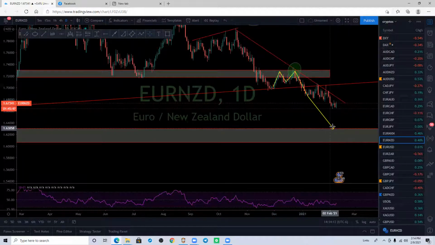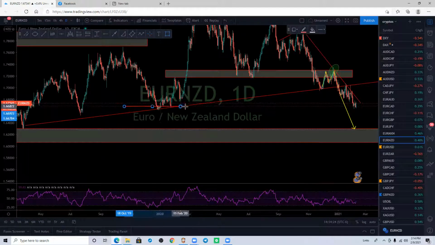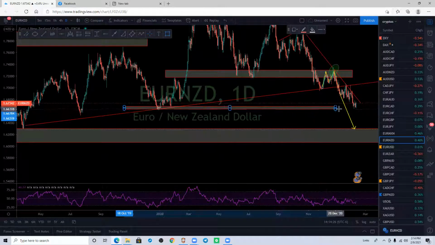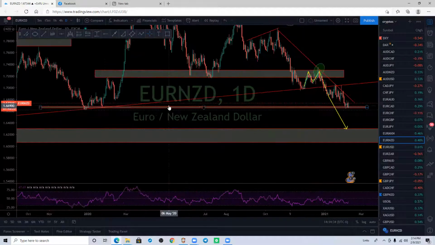This will be the next stopping point I would look for. Any place you see price stop and take a turn, you see here.